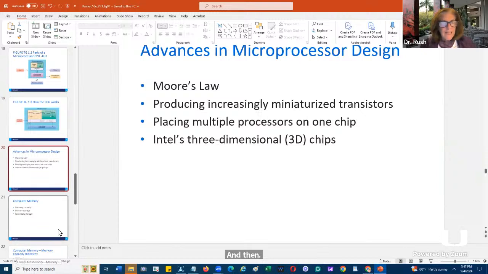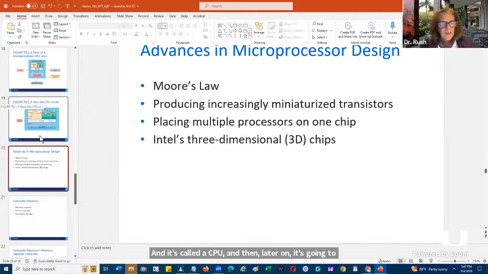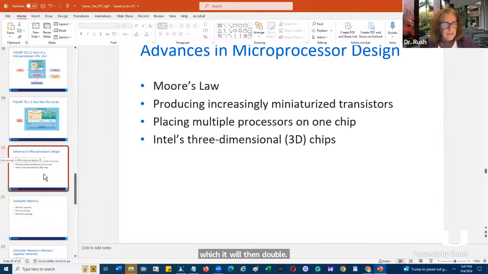So basically, these chips are called a CPU, and then later on there's going to be a GPU and an NPU. All of these processors are advancing, and there's something called Moore's Law, which says it will double in 24 months. Now it's even a shorter period of time.